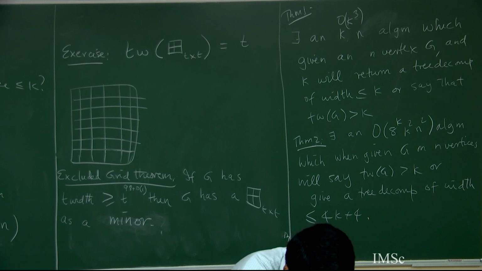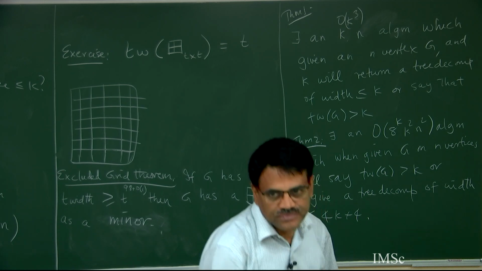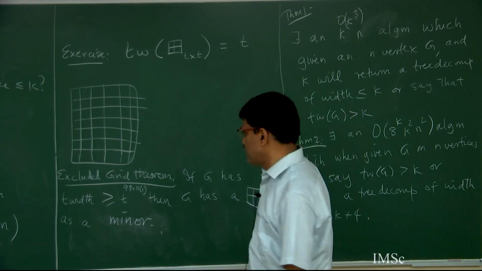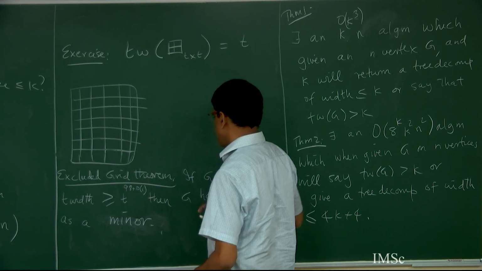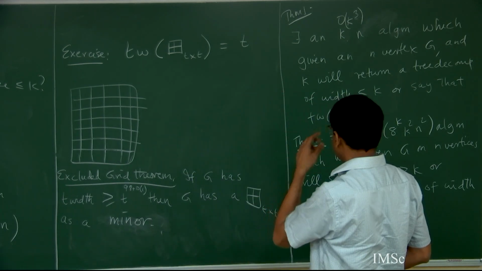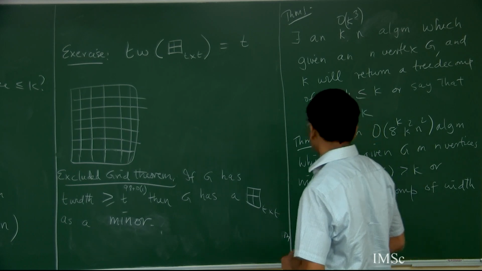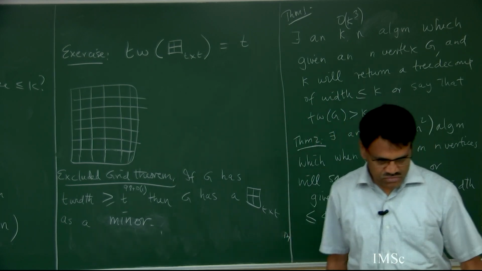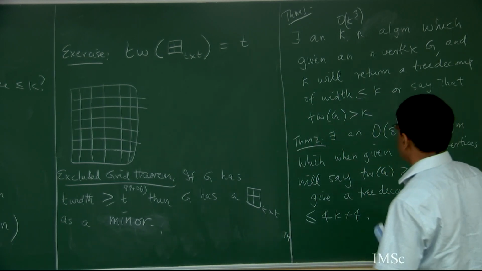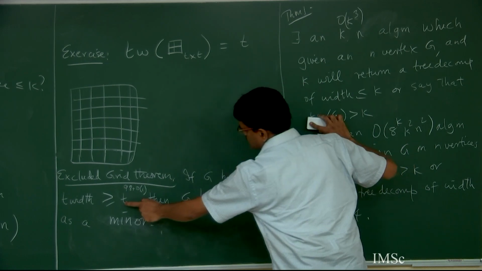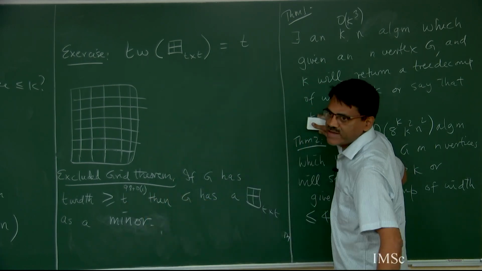But on planar graphs, we can say something better, which is very useful. We'll see some dramatic results using the excluded grid theorem on planar graphs, where this can be brought down to actually linear in t.